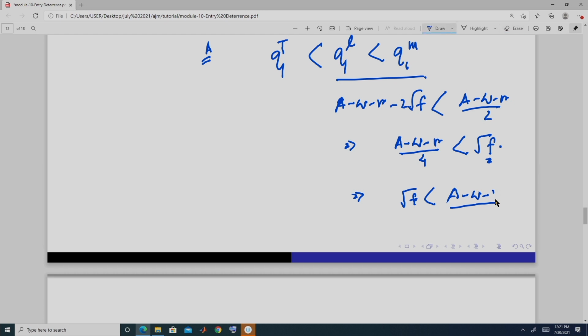It is this. So, f should lie in this range to get this.